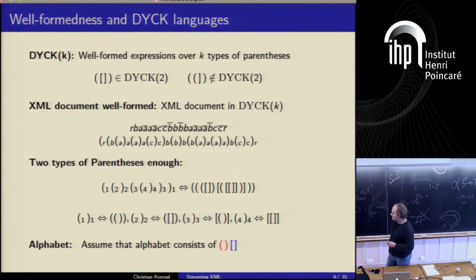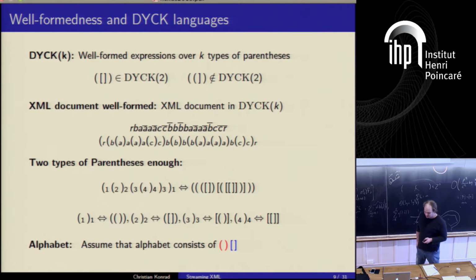We could take the parentheses of type 1 and replace it by two simple opening parentheses. The type 2 we would encode by a parenthesis and a bracket, and we continue like this. It's basically like taking the binary representation and using two types of parentheses encoding this binary word. So we can essentially assume that our XML file has two different types of parentheses.